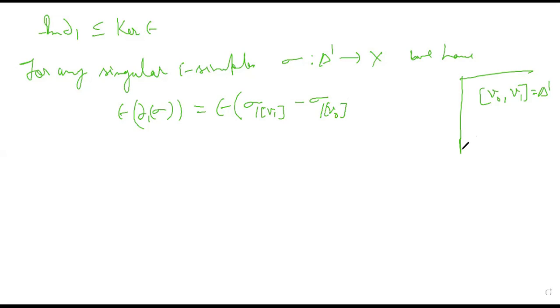Okay, that is how we define this boundary map. So when you remove v naught, we have minus 1 to the power 0.